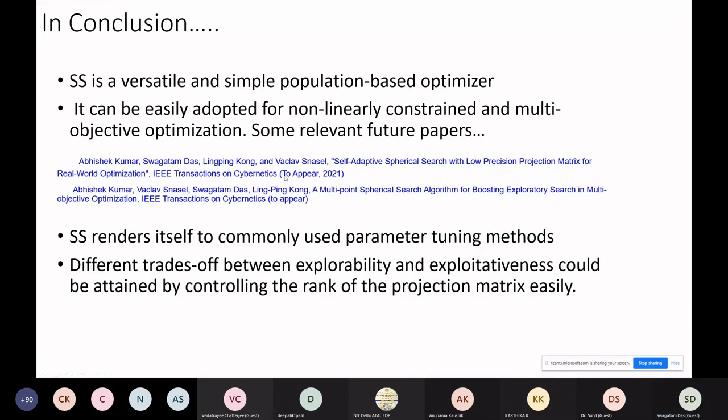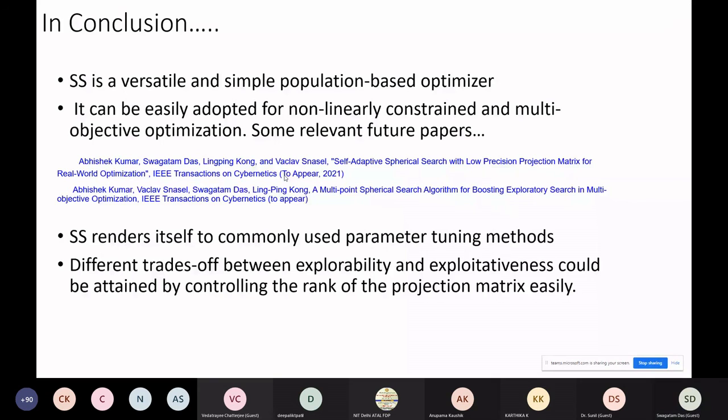Both the situations we have tested, and the two papers you can see here, in order, are very recent reports. SS lends itself to commonly used parameter tuning methods. Commonly used means nowadays, whenever we have some free parameters in our algorithm, we do not let them go just hanging in the sky. We try to adapt their values based on the previous success of the previous settings.